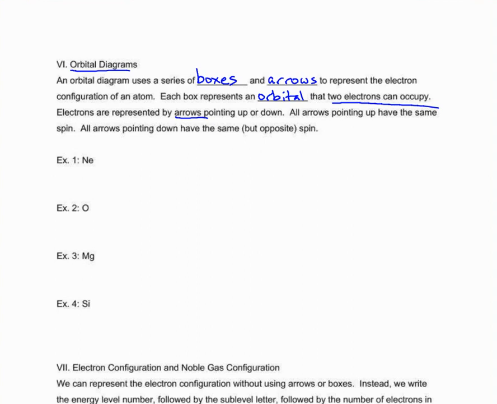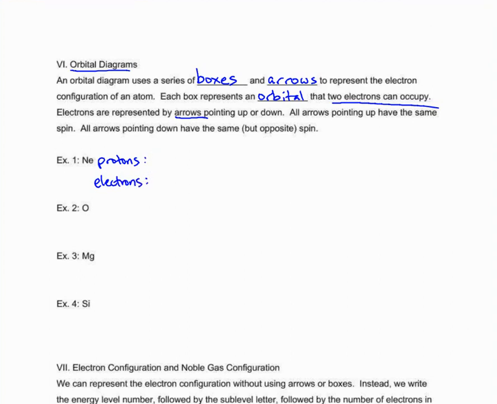So we want to know how many electrons it has so that we can write down where these electrons should be. Step 1 is knowing how many electrons. So neon, first off, let's talk about protons, then we'll talk about electrons.